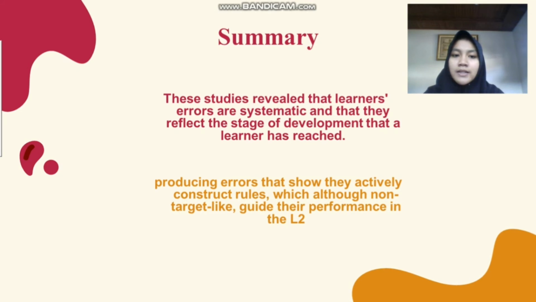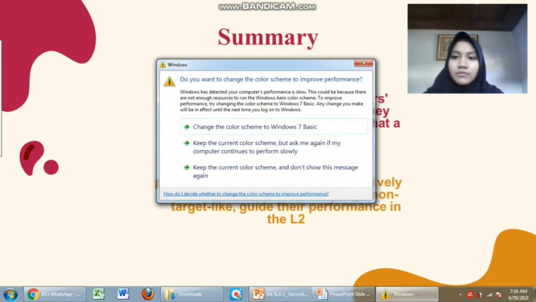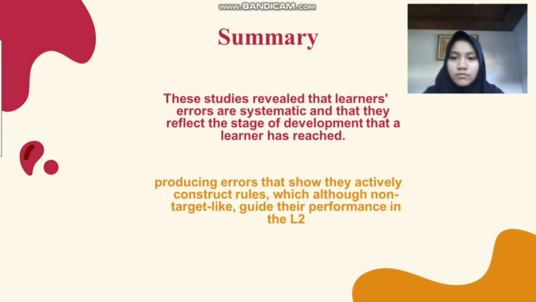Jadi pada kesimpulannya berdasarkan penelitian yang berfokus pada kesalahan pembelajar, kita mengetahui bahwa kesalahan pembelajar itu sistematik dan spontan yang merupakan tahap perkembangan dari mereka belajar bahasa.